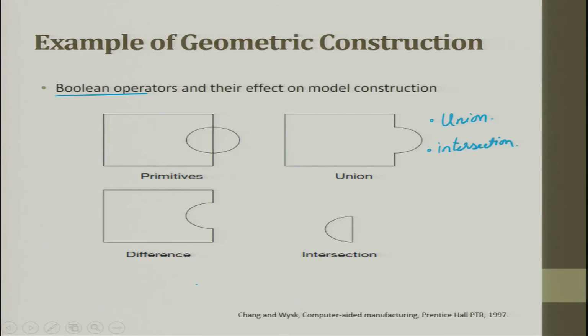So now what is the advantage? If you want to develop two different objects and these two different objects are to be connected. For example, I have a cup and then I have to attach a handle.